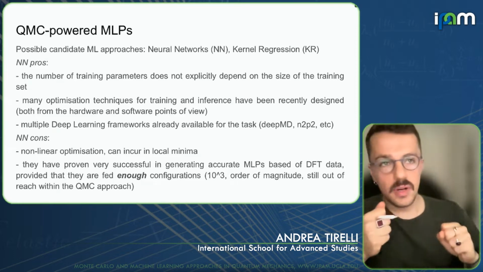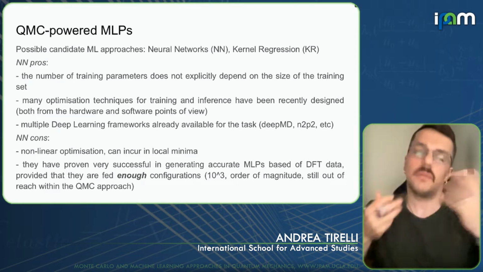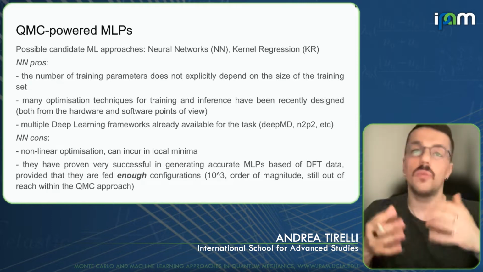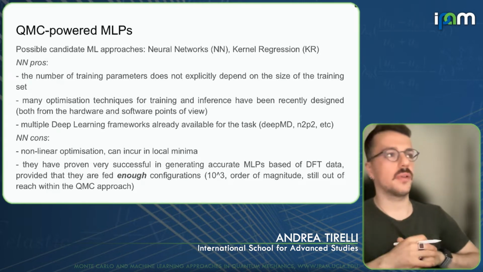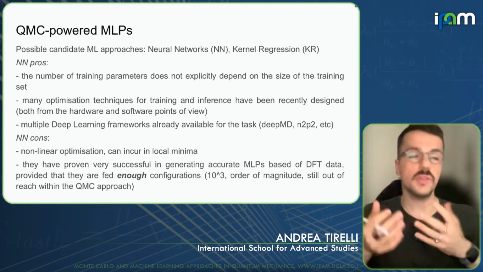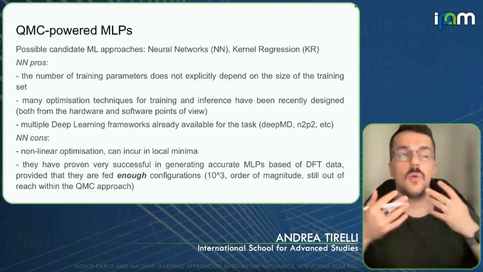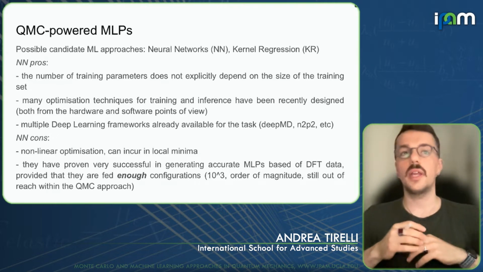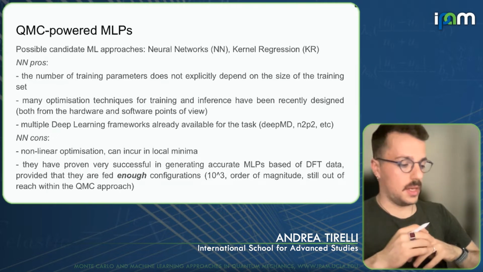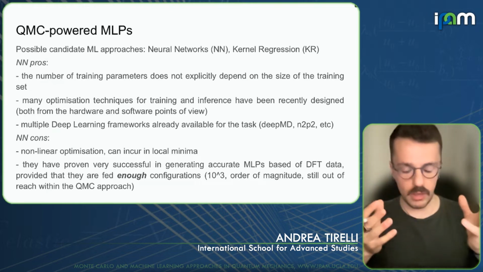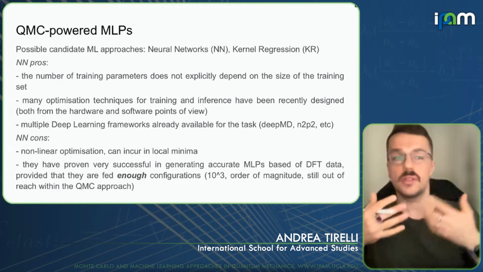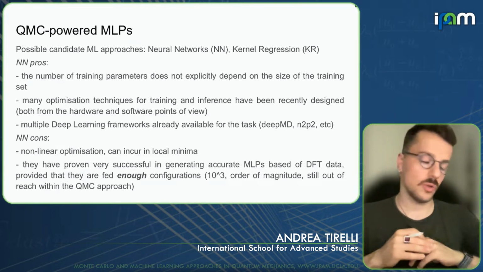The cons of neural networks, or the ones that I'm going to mention for this specific problem that we want to tackle, are first of all the fact that during the optimization, the training phase, we can incur in local minima, because of course the optimization is not going to be linear.